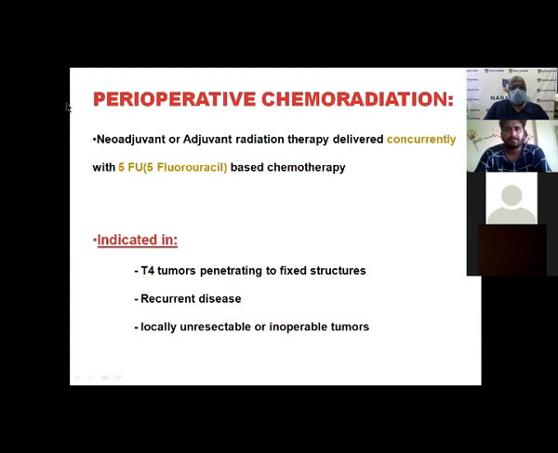By doing a chemoradiation, let me tell you what you achieve. With chemotherapy, you are trying to prevent systemic disease spread by knocking out the systemically circulating malignant cells. But radiation is more for sterilizing the area so that the disease-free interval is longer.